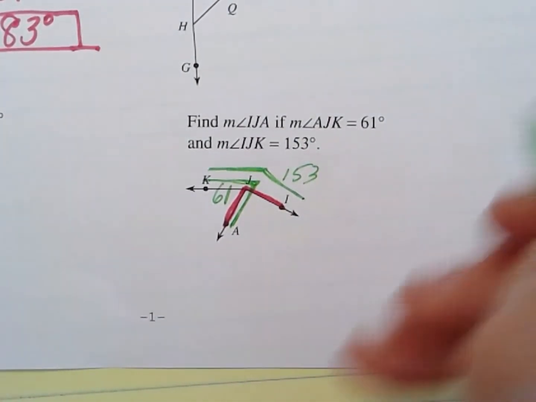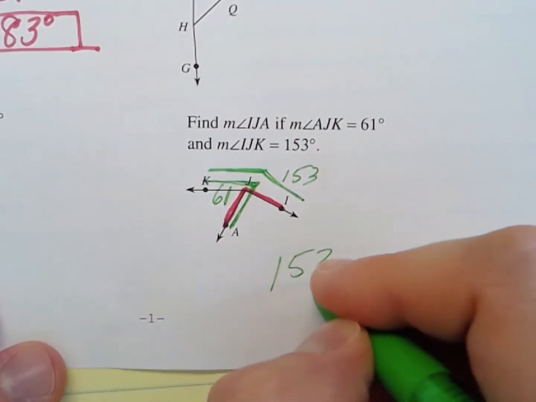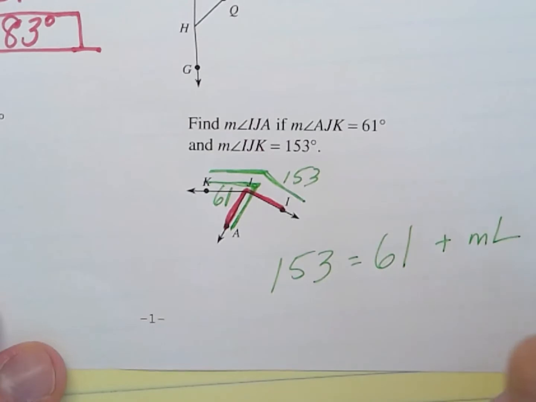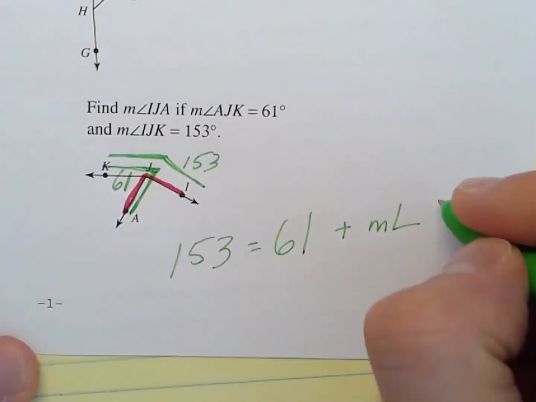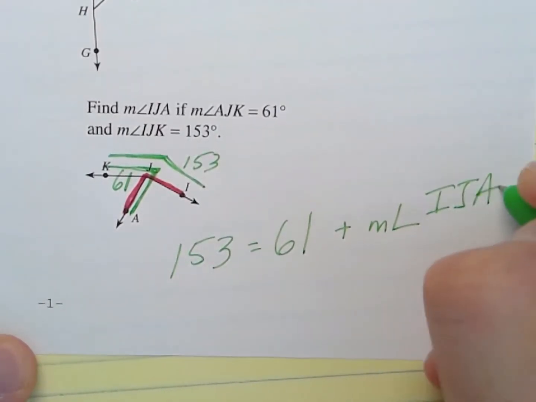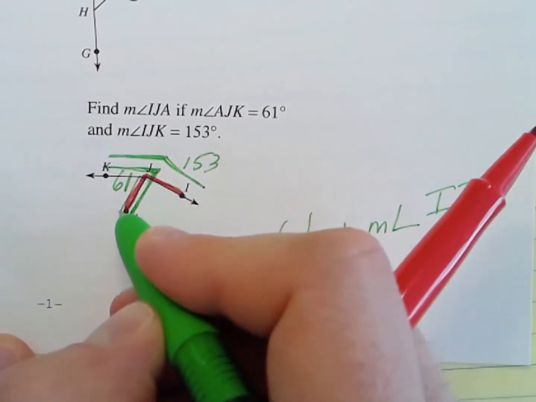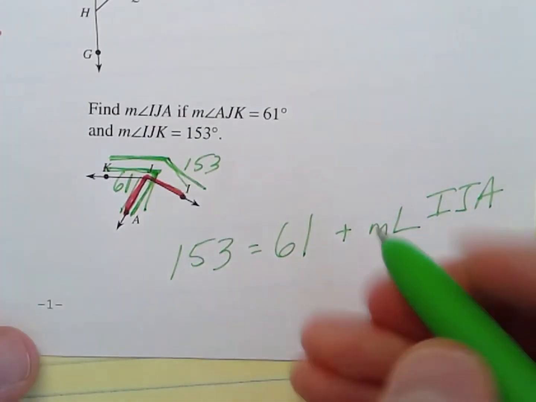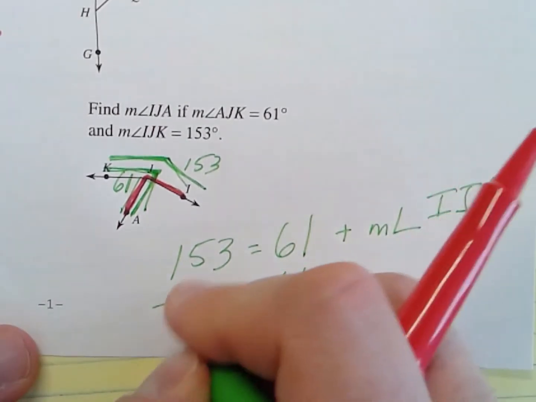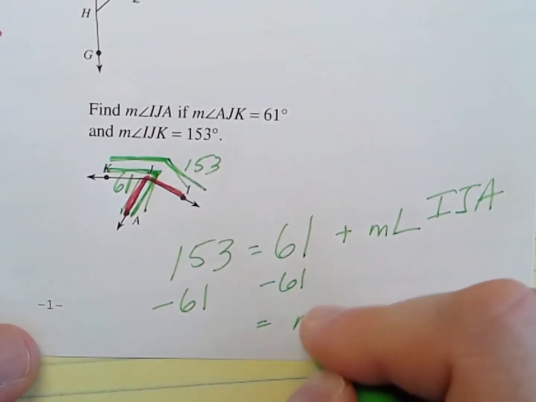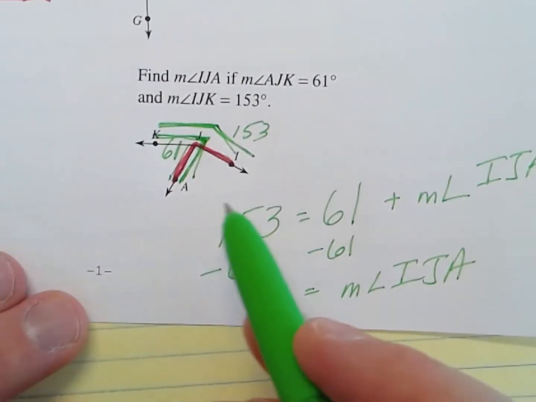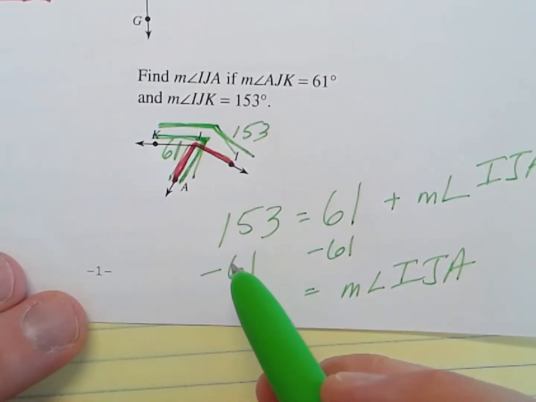Okay? The whole thing of 153 is going to be the 61 plus the measure of IJA that we want, because it's the red plus 61 equals the whole thing. So if we subtract 61, the measure of angle IJA is 153 minus 61.